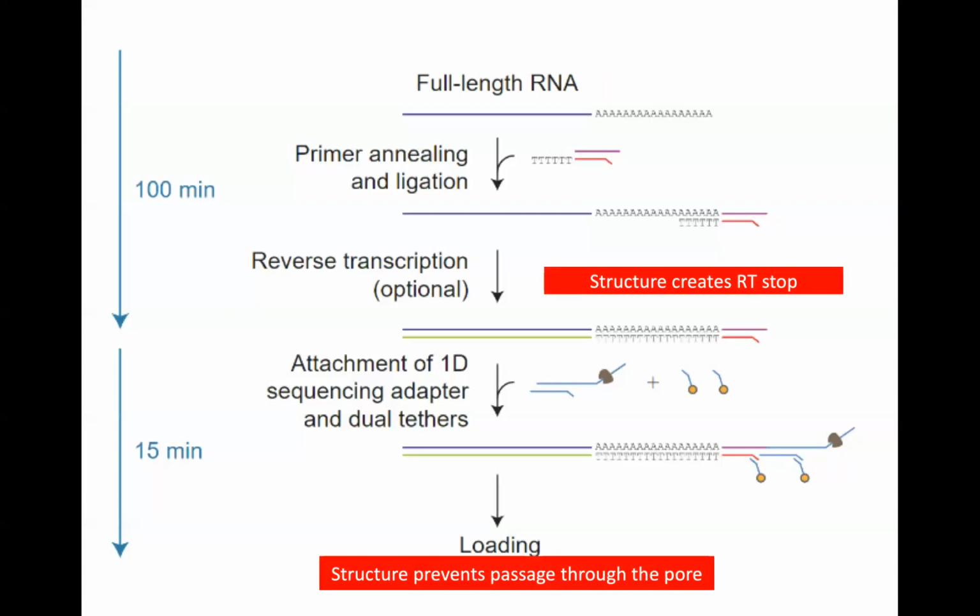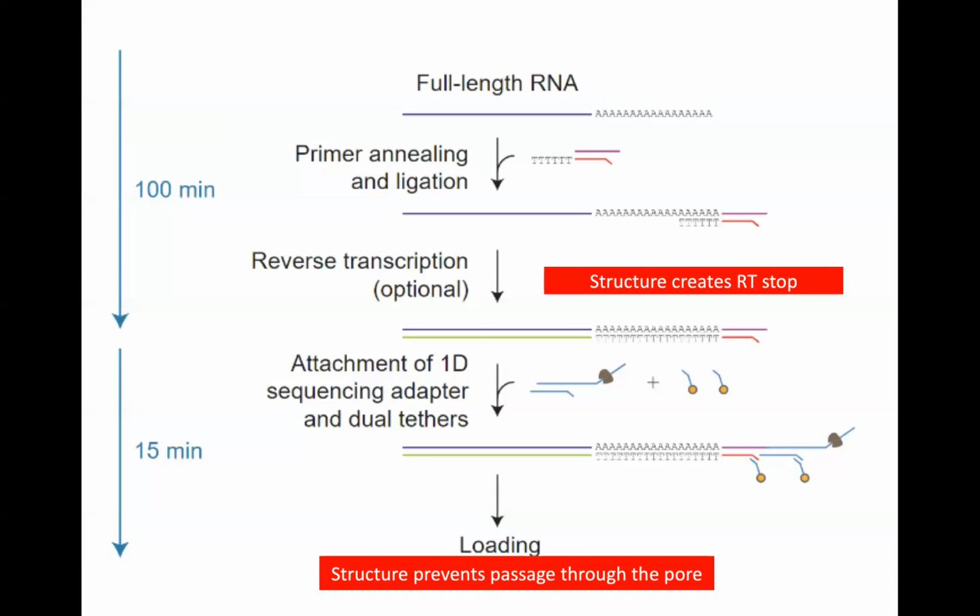Of course, there are additional problems, especially highly structured RNAs like snoRNAs and tRNAs do generate reverse transcription stops. And although the direct RNA-seq protocol does not depend on sequencing cDNA, they do have an optional, which, however, is almost always used, option to generate a cDNA strand to stabilize the molecule so that it can go through the pore.